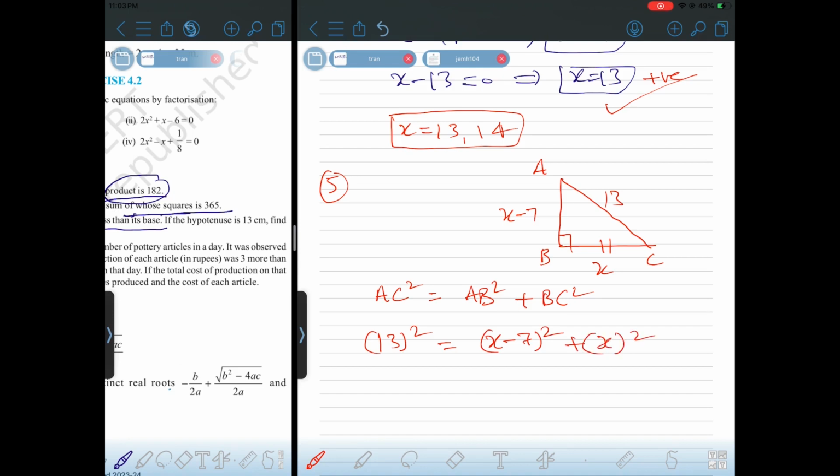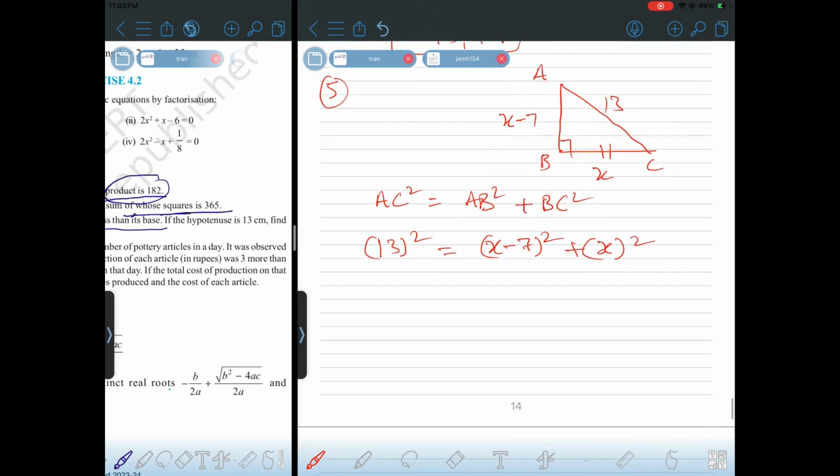I'm not writing every wording like 'by Pythagoras theorem' here, but I'm speaking it. In your examination, you have to make sure that you write all the wording properly. Don't assume that the examiner will know about it. You have to explain every word there.